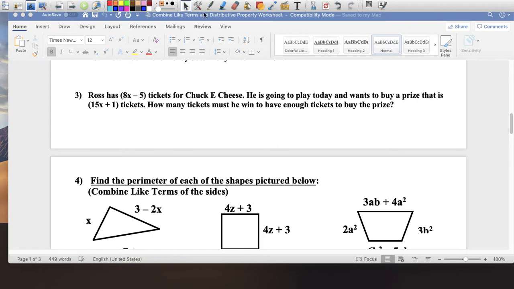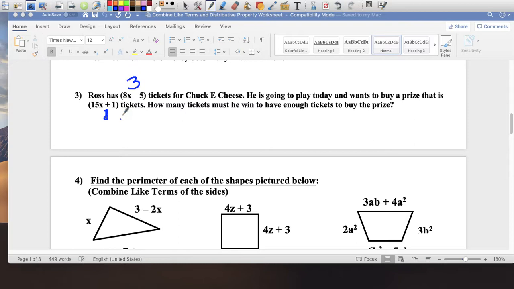Ross has this many tickets for Chuck E. Cheese. So he has this many tickets. He's going to play today and wants to buy a prize that is 15x plus 1 tickets. How many tickets must he win to have enough tickets to buy the prize? So let's say he had 3 tickets. And to win the prize, he had to get 8 tickets.